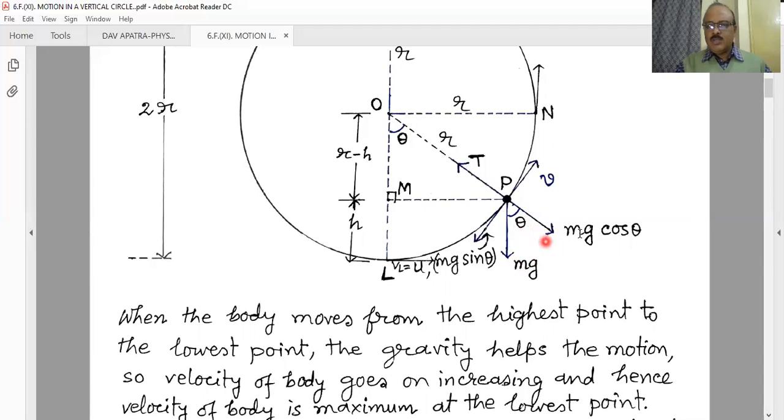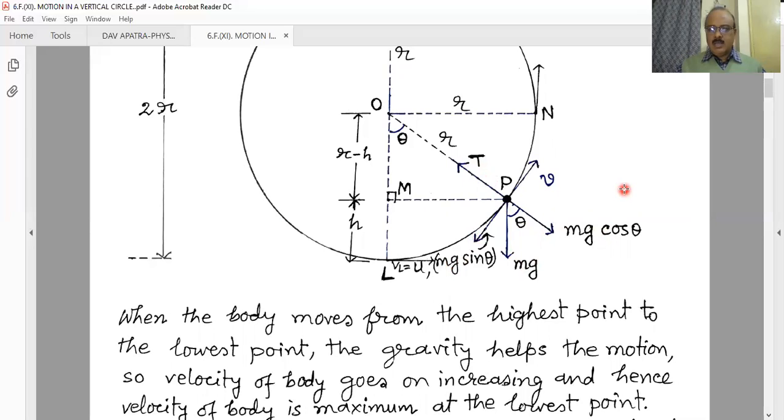Now mg has two components. One is the mg cos theta component, that is opposite to the direction of the tension T, and another is the mg sin theta component. And we already know for any type of circular motion there must be a centripetal force.